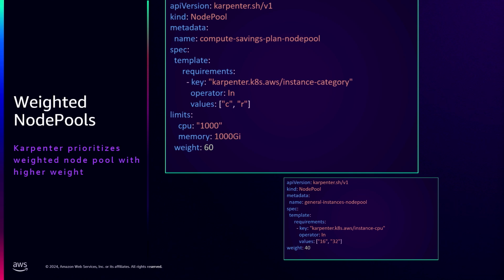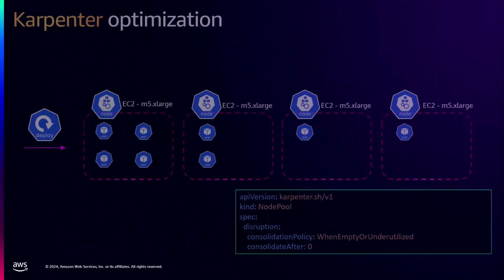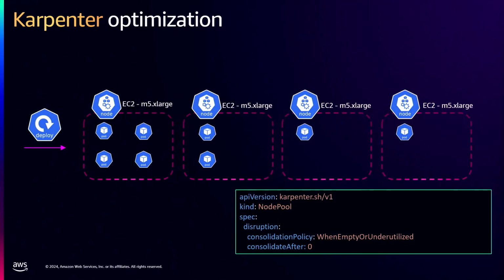All right. Remember I talked about Karpenter can optimize cost out of the box. So at this point, your cluster is running with Karpenter. Proper instance types are chosen. However, over time, your cluster may end up looking like this. Four worker nodes, the first worker node nicely utilized and bin packed.